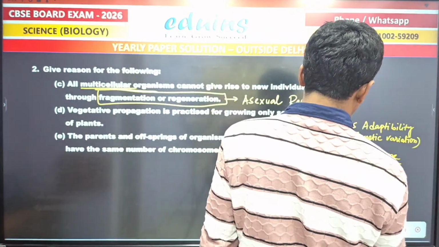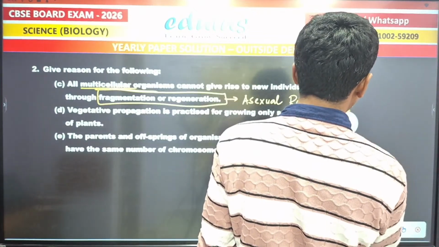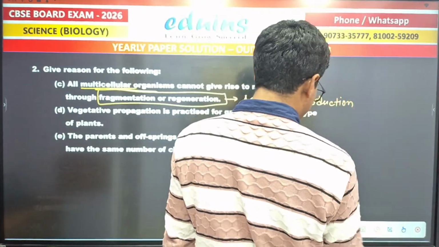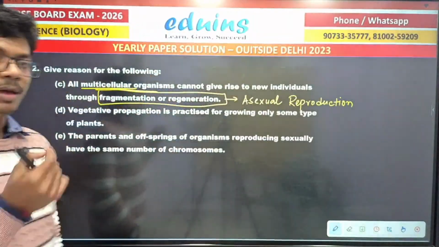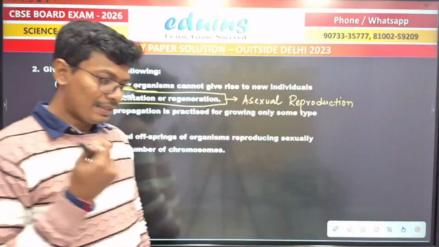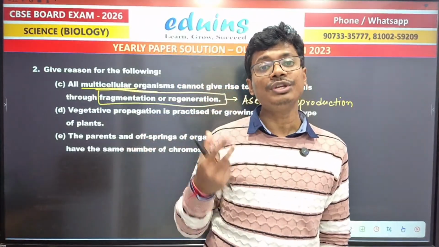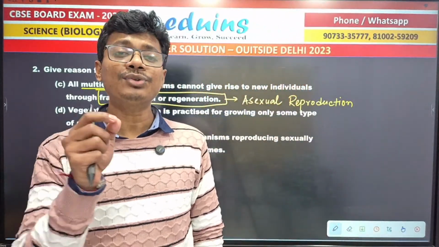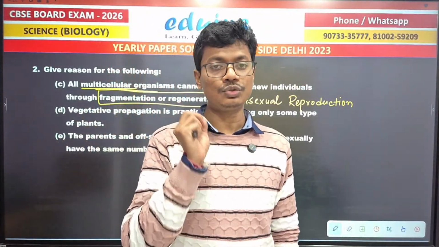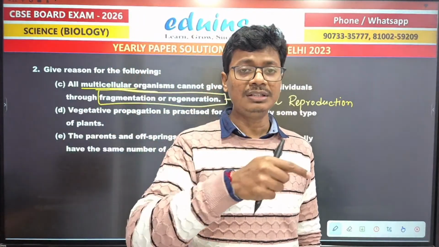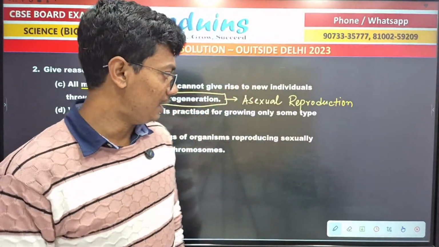We know that sexually reproducing organisms contain an equal number of chromosomes, though the zygote, the new individual, is formed by the fusion of two gametic cells, one from the father and one from the mother.